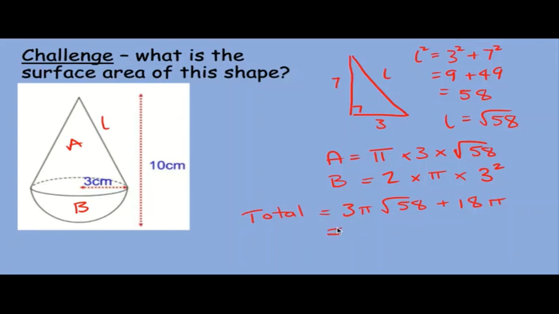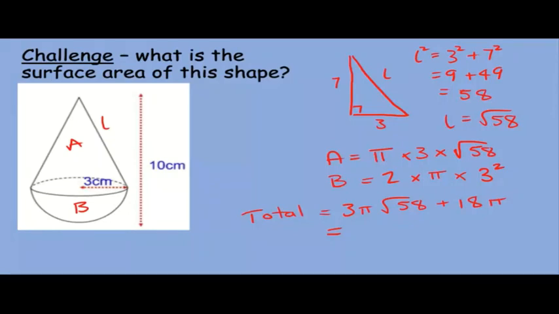And then we can just put that into our calculator as it is. So we've got 3 pi multiplied by root of 58 equals, then plus 18 pi.